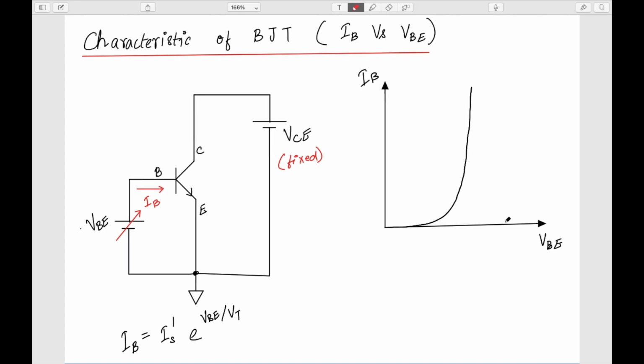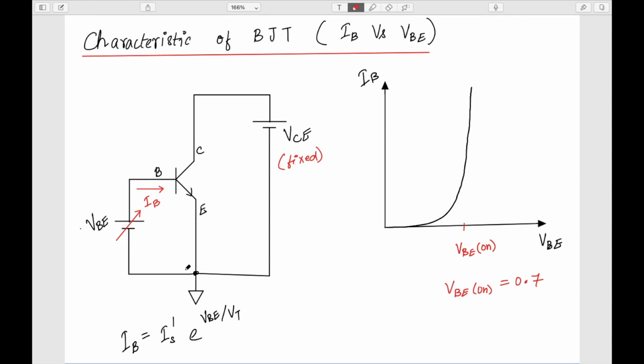Of course, in this case also we can approximate this whole behavior with a VBE on voltage, and this VBE on voltage, we know, is around 0.7. So whatever analysis we did for the diode is all applicable for this part of the BJT.